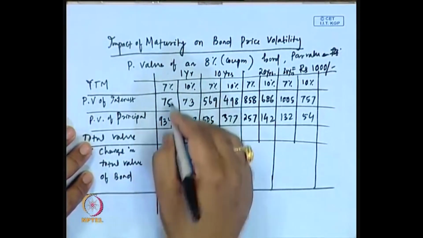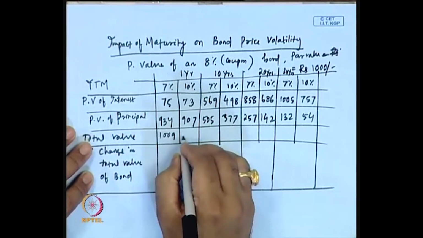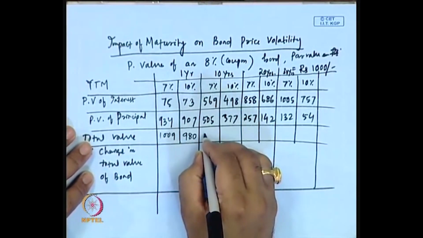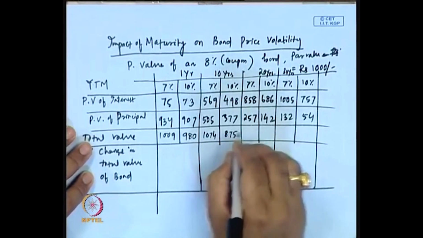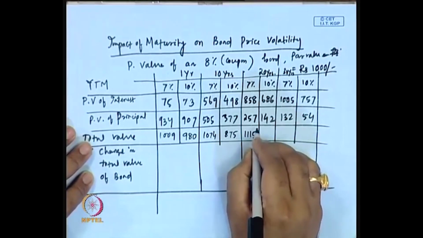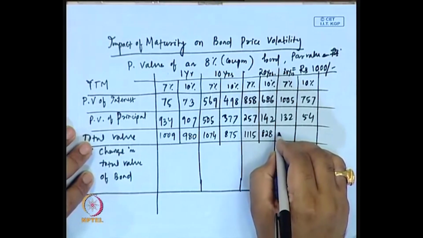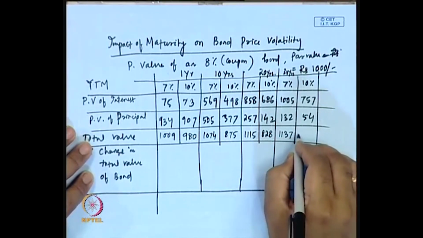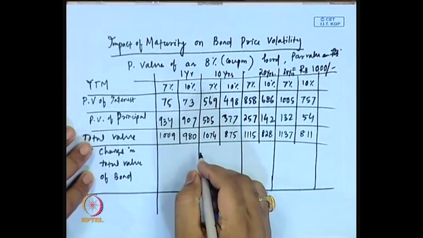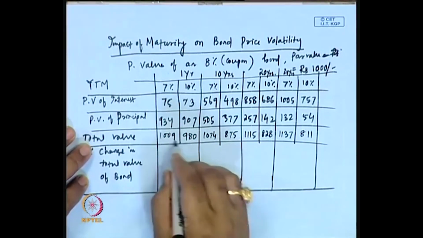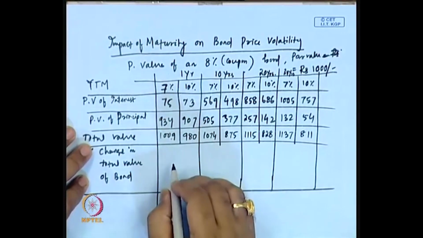If you calculate the total value, this plus this, it will give you 1009, this will be 980, this will be 1074, this will be 875, this will be 1115, this will be 828, this will be 1137, this will be 811. Then what is the change whenever the yield to maturity has changed from 7% to 10%?